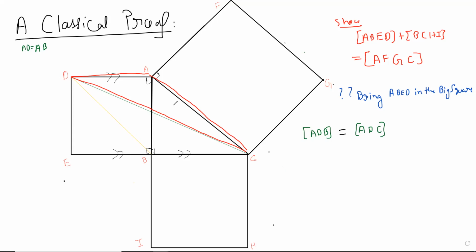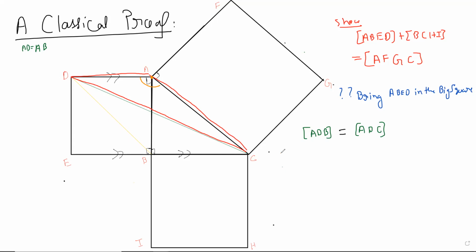So maybe I can try to say this. If you fix the point A, and you think about rotating the triangle ADC. Fix the point A and rotate. That's the point of rotation. Fix the point A and think about rotating the triangle ADC by 90 degrees, and see where it goes.